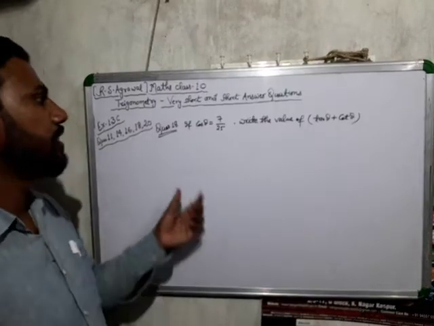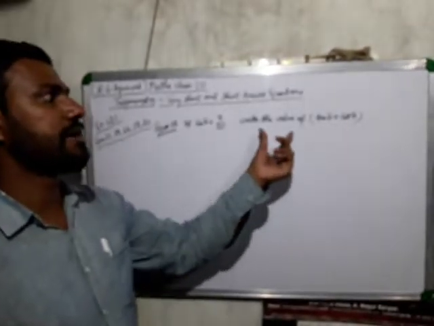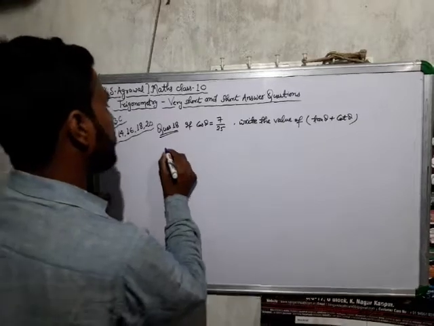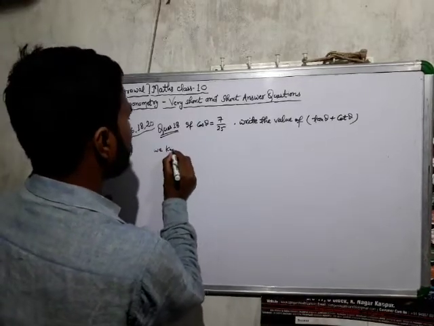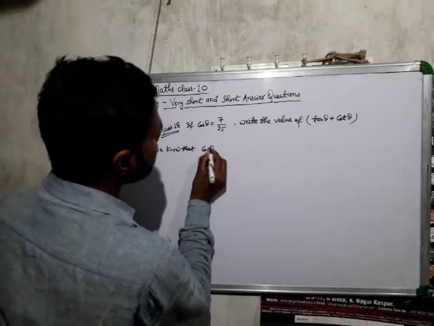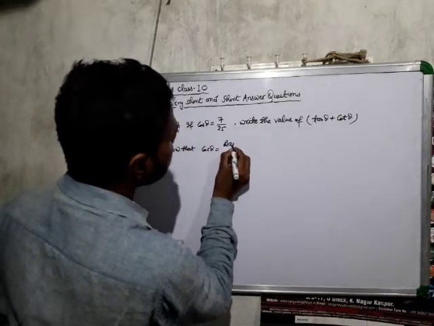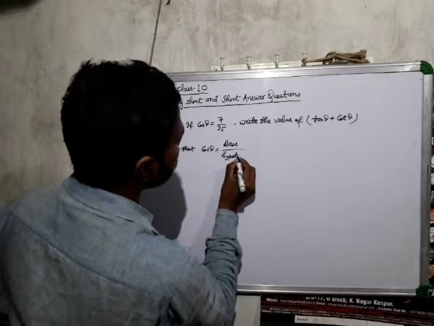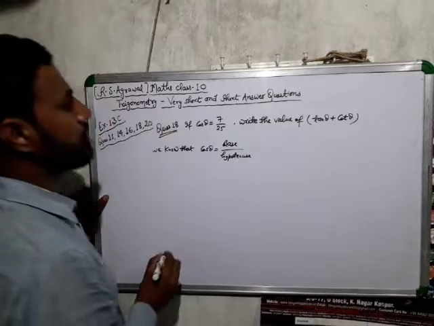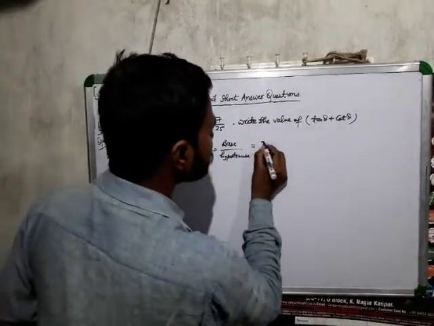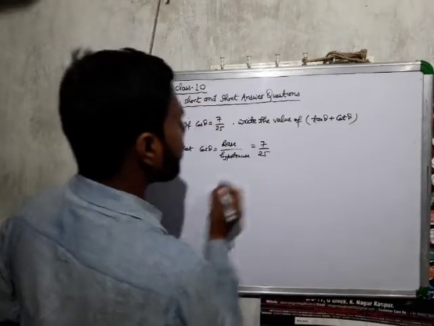Next question. If cos theta is equal to 7 by 25, write the value of tan theta plus cot theta. Then we know that cos theta is equal to base by hypotenuse, which is 7 by 25.